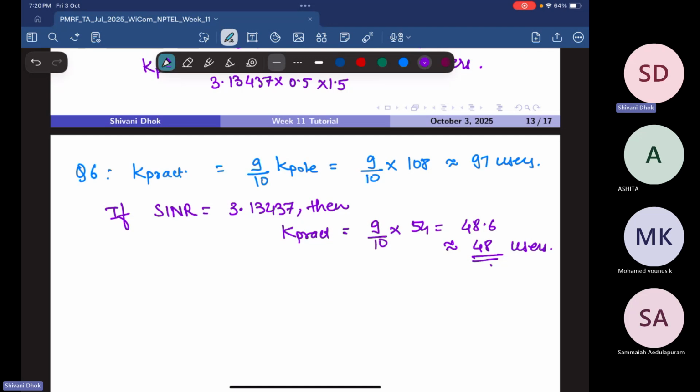So if you want to achieve the same SINR that we had when the voice activity factor was 0.5, then you will serve 48 users instead of 97 users practically. Is it clear?